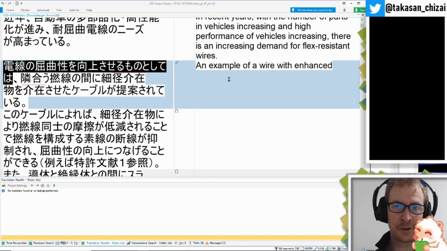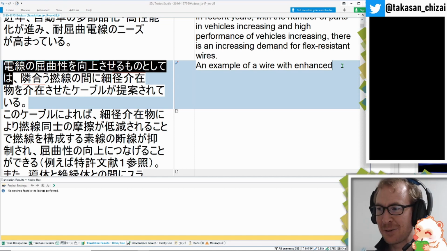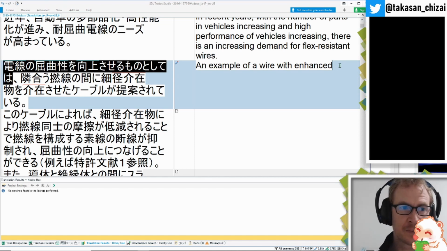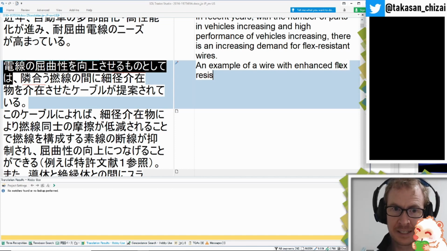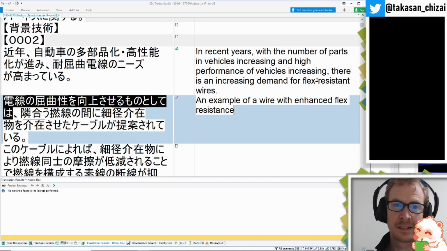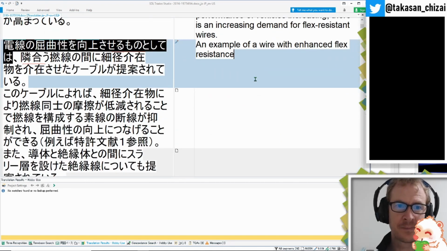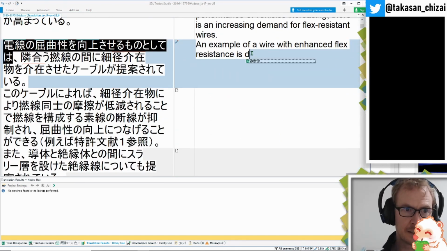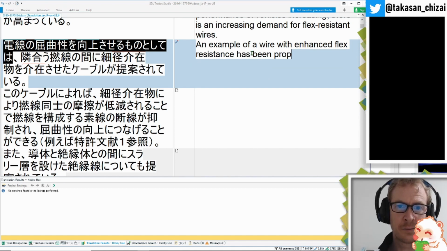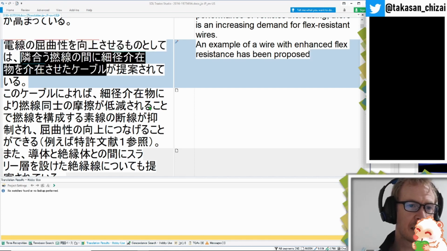Some people don't like improved because it has a special meaning in patents, but in this case would be fine using improved. I just always default to enhanced there. Enhanced, what did we say? Flex resistance. We did use flex, didn't we? Yep. Has been proposed. And that proposed example was?